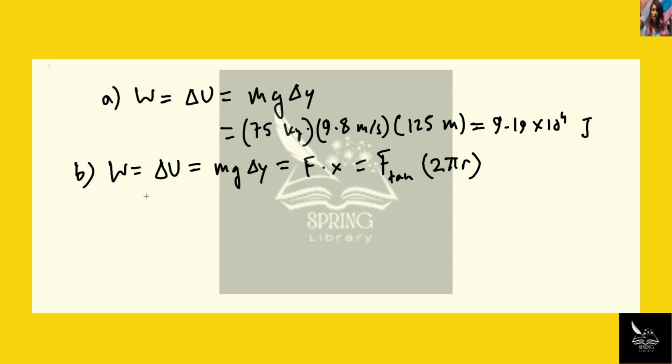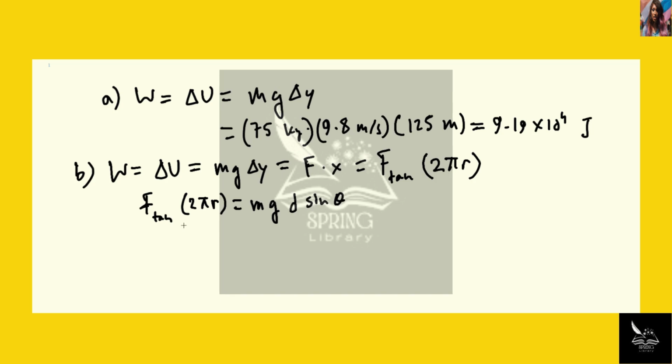And so let's write this down in another line here. Tangential force, what we're after, times 2 pi times radius of the wheel is equal to mass times acceleration due to gravity times the delta y, and that will be d sine theta, d being the distance traveled by the bike while the cycle completes one complete revolution.